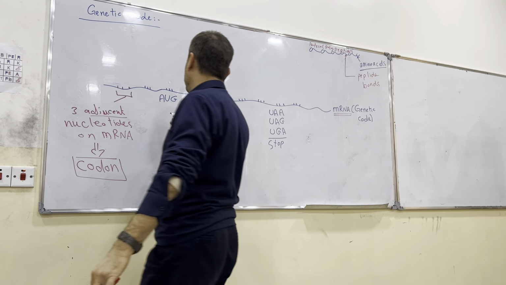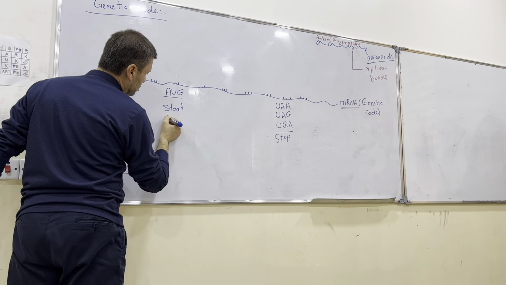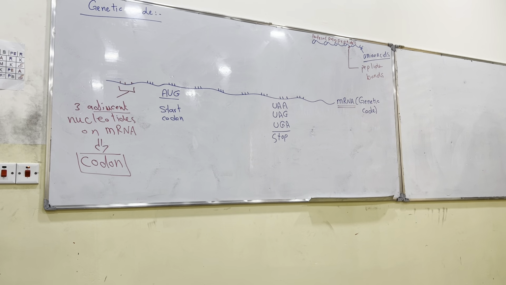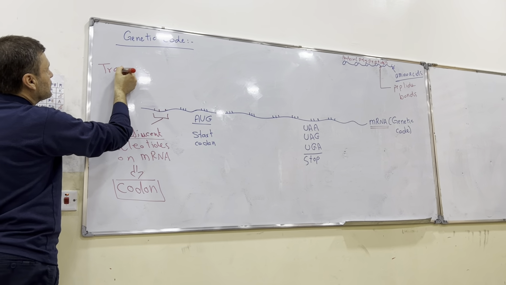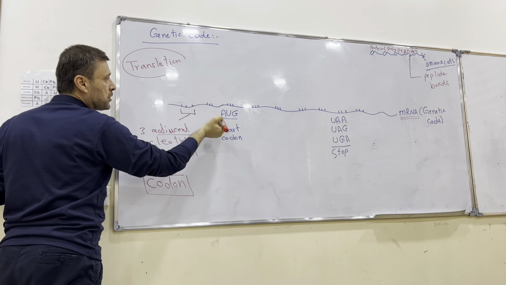AUG is called the start codon. Okay? The translation process begins from the start codon AUG.